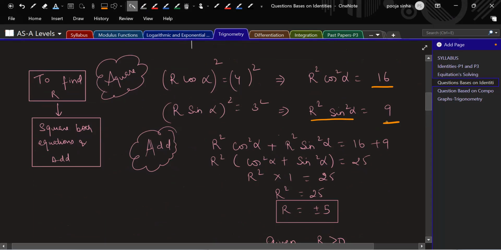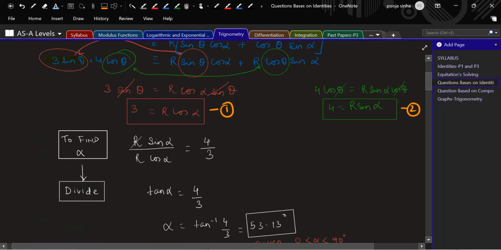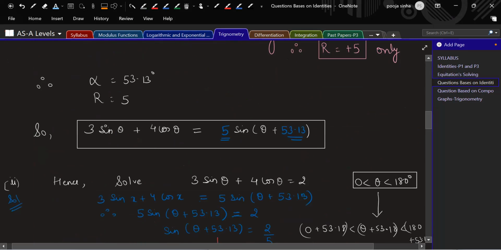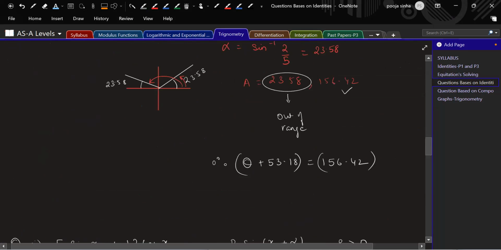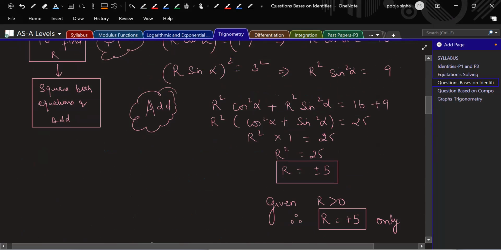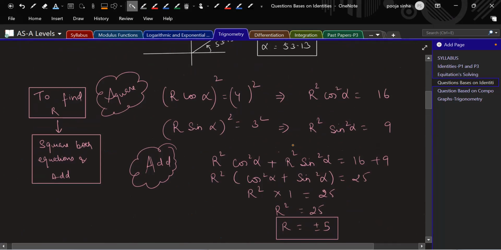I think it's the other way around. It was R sin alpha is equal to 4 and R cos alpha is equal to 3. You wrote 3 for that. One second, let me check. Achha, okay. Let me change. This was 3, right?